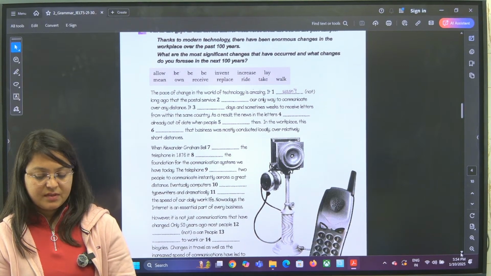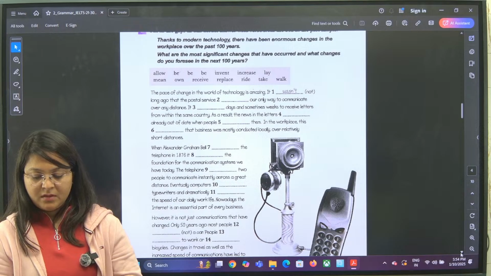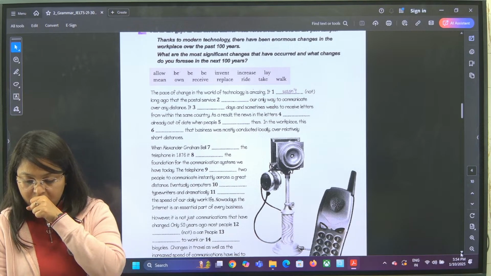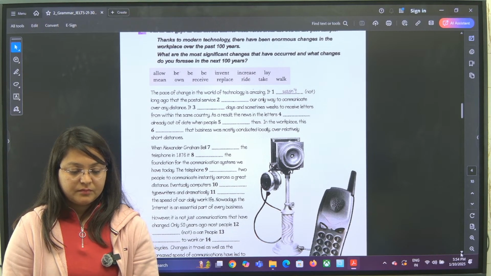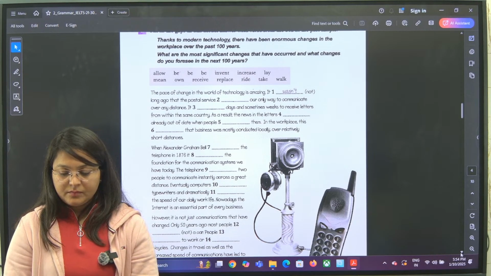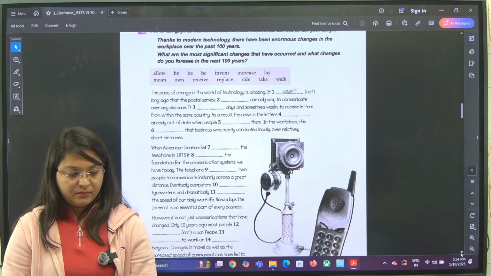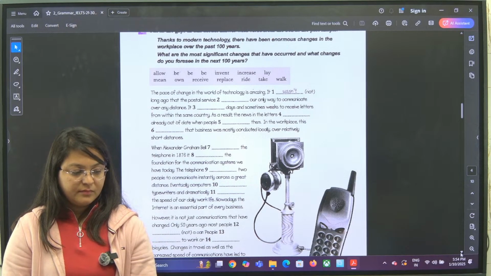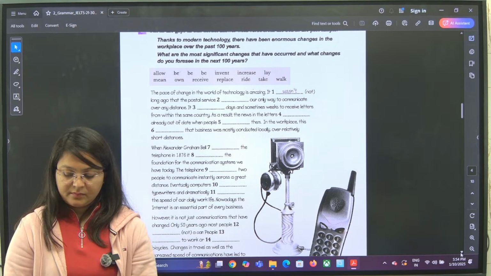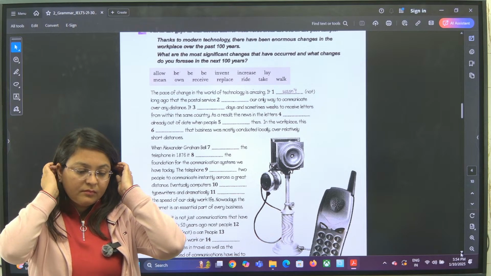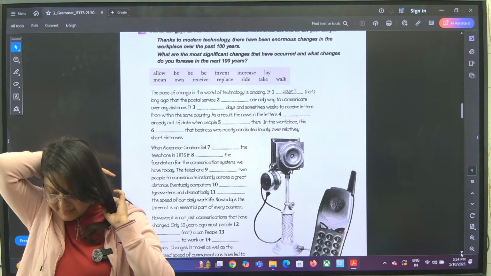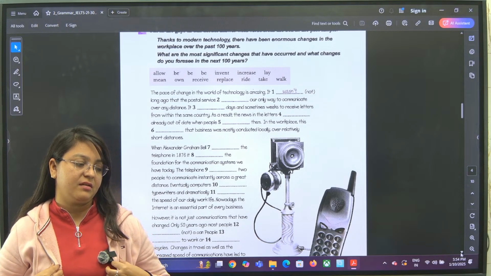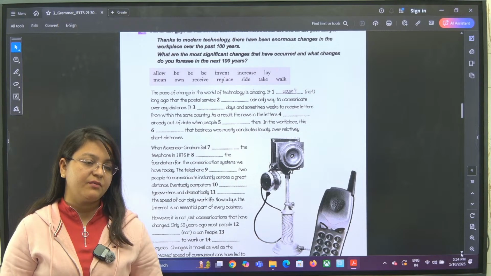Ready? Shall we check the answers? 14 options are there in the help box, and I can see 14 questions are there. One has already been done for you.